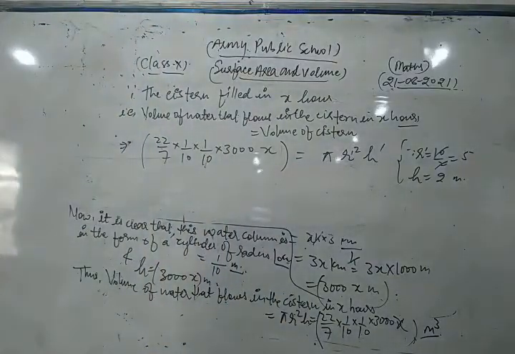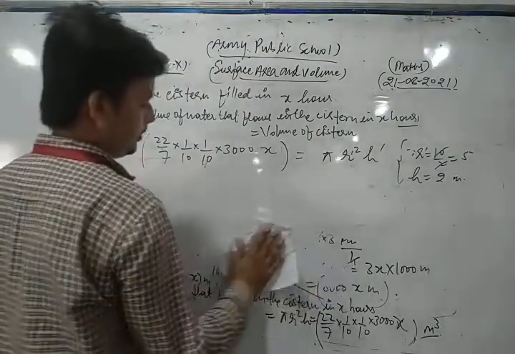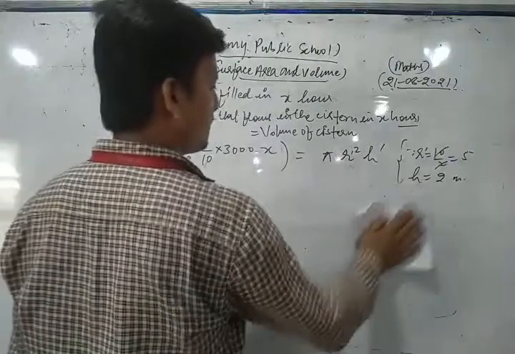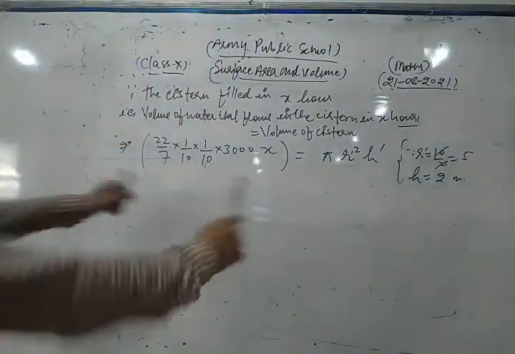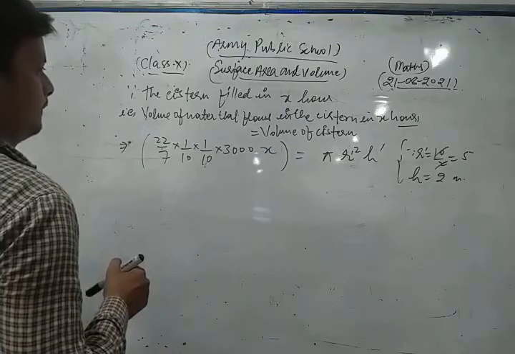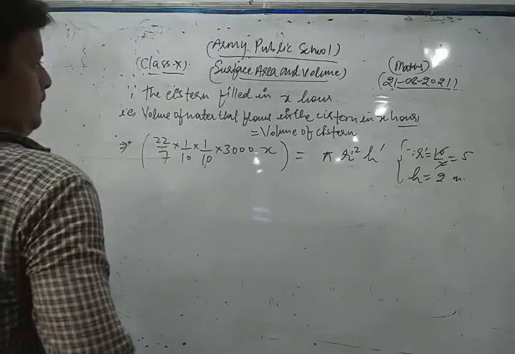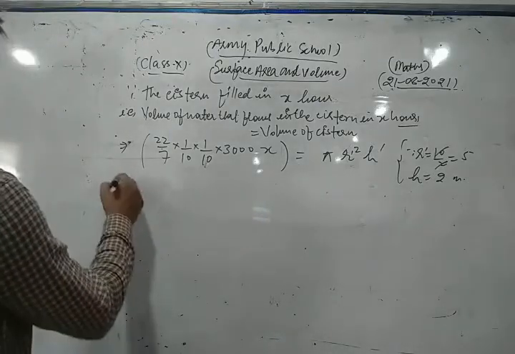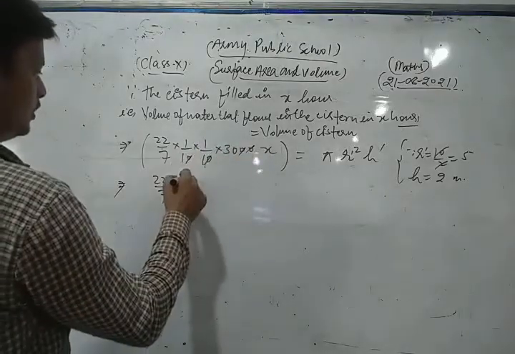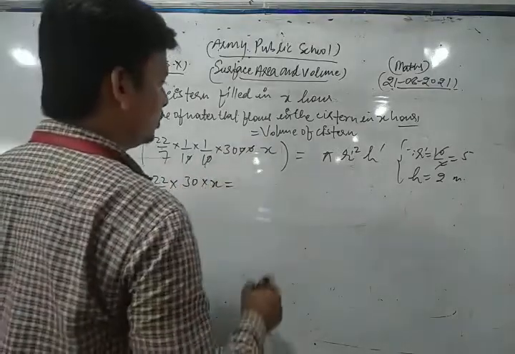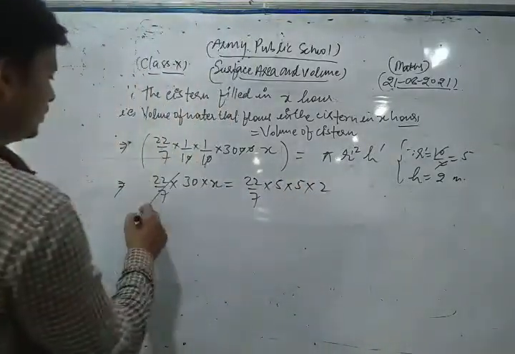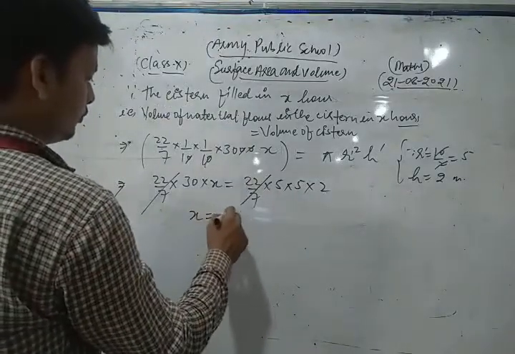So 22 upon 7 into, the zeros cancel each other, so 30 into x is equal to 22 upon 7 into 5 into 5 into 2. Now 22 by 7 cancels on both sides.